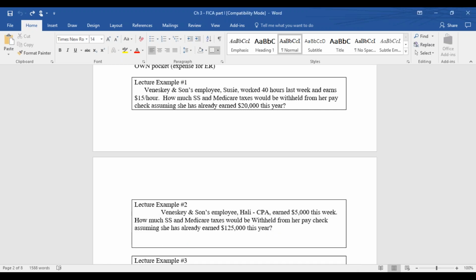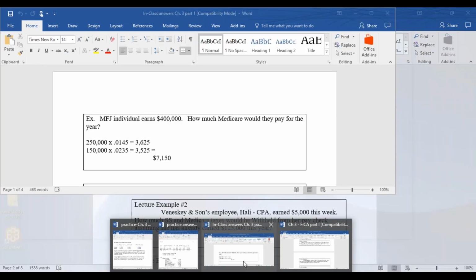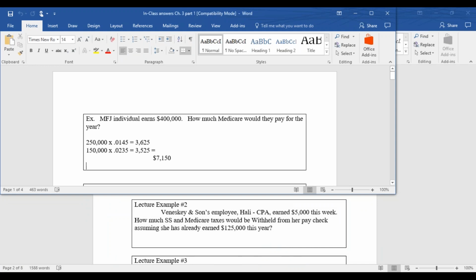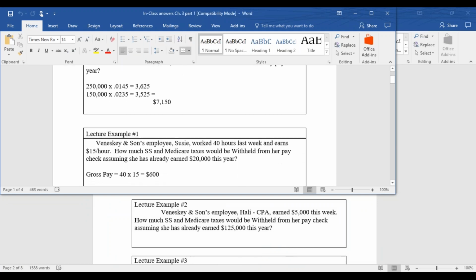Okay, our answers for lecture example number 1: when you take the amount that she has earned over that week, so she's worked 40 hours at $15 an hour, we're going to assume all of the money that she made is taxable for Social Security, meaning she didn't have anything like medical premiums.